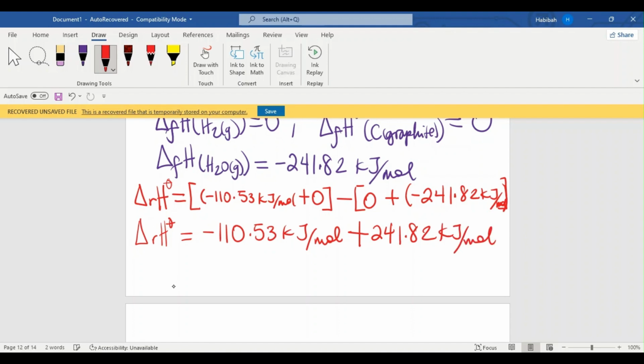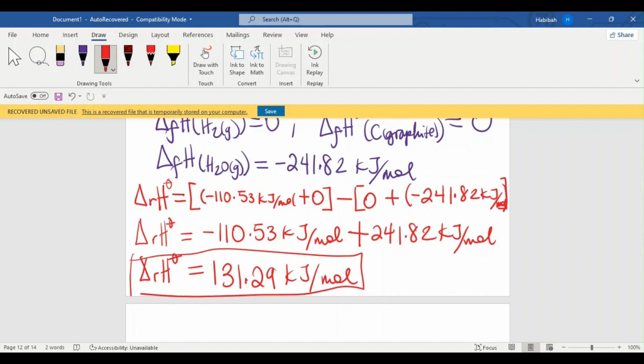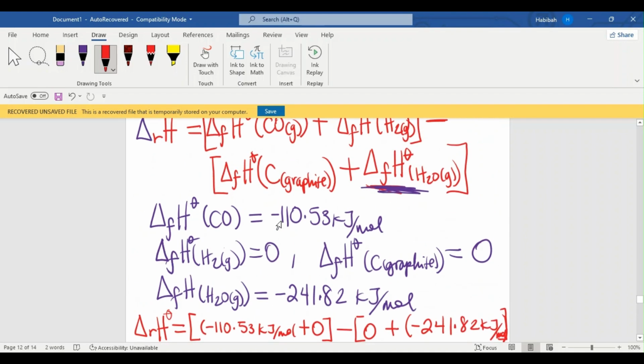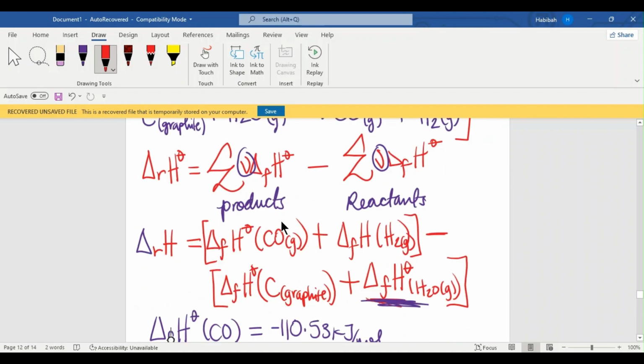Having this information, we have the change in enthalpy of reaction equal to 241.82 minus 110.53. That's going to give you 131.29 kilojoule per mole. So that's basically the answer to this question. That's how you solve it. No issue, super easy, super duper easy peasy.